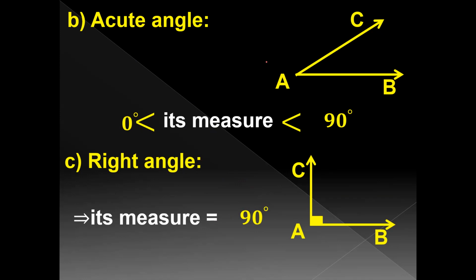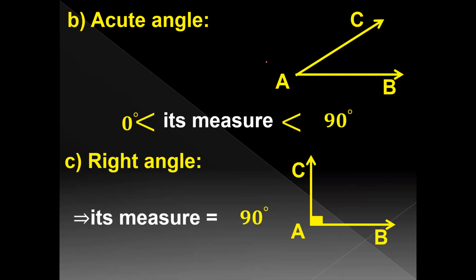Be attention. If we have an angle with measure 89 degrees and 60 minutes, the type of the angle will be what? Acute or right? It will be right. Why?